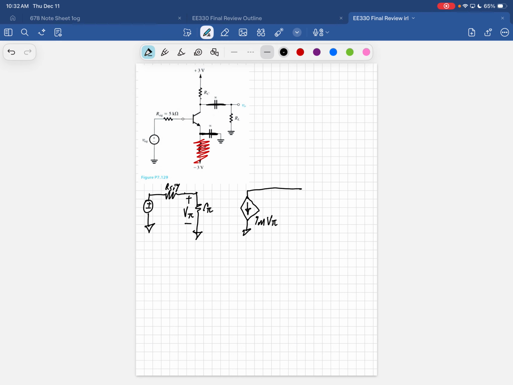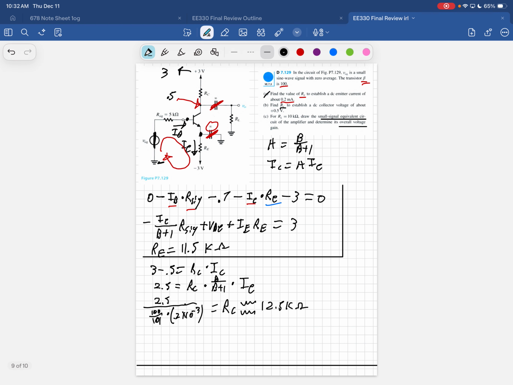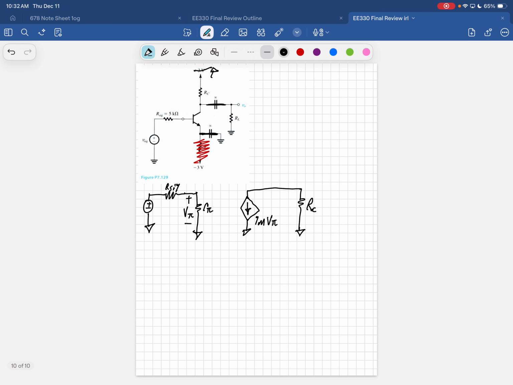Then we're going to see that we have our RC, but the very top of it is going to be grounded. Are we going to have an early voltage R? If they don't mention it, it's probably not included. If there's nothing to go off of and you can't solve for it, just neglect the early voltage.